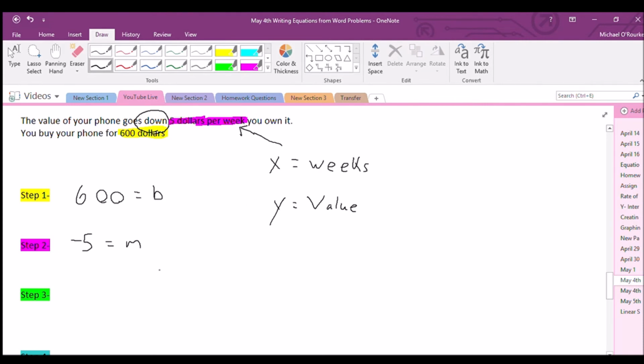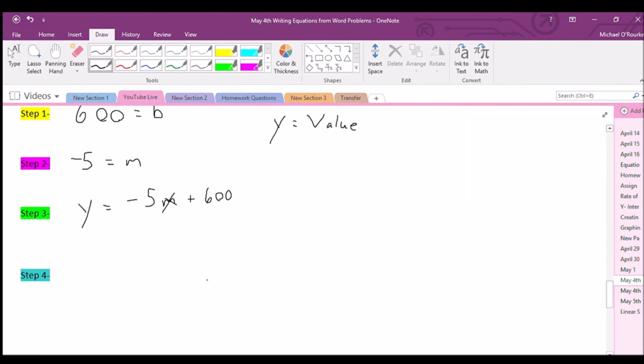So rate of change goes by week. So if we write it as normal, Y equals negative 5 because we're going down in values, X plus 600. Then if we replace it with what we want here, value equals negative 5 per week plus 600.